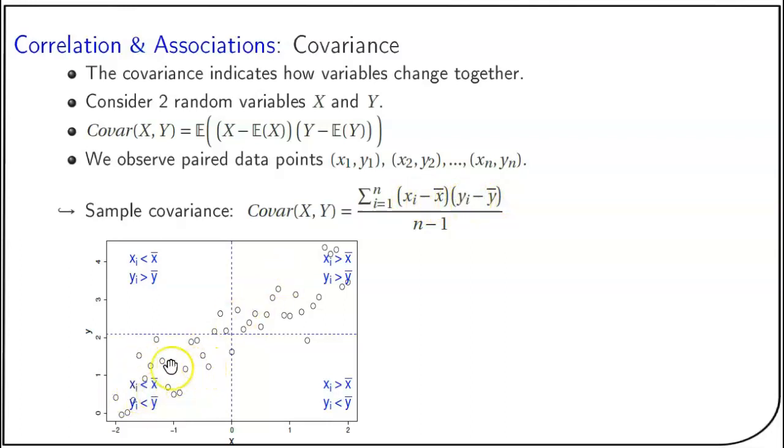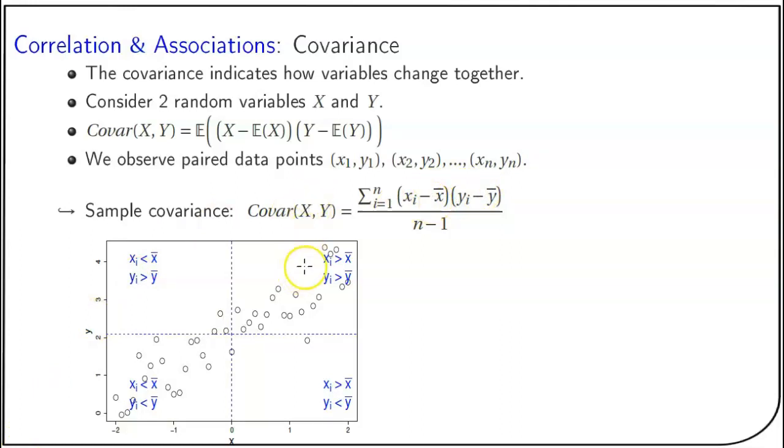Similarly, if we consider this third region, we would notice that xi minus x bar and yi minus y bar are negative for any of the points that we take in this third region. As a result, the product of these two is positive. The product of two negative numbers is a positive number. So in these two regions, we know that these individual products are positive.